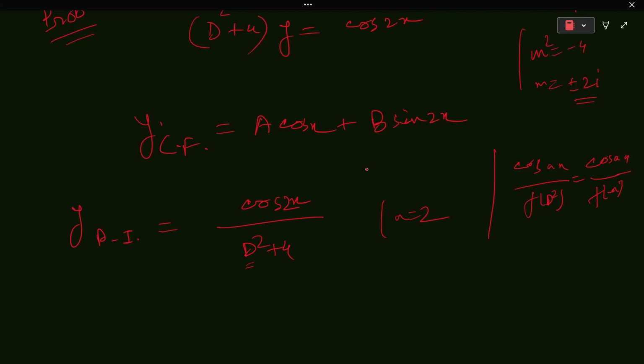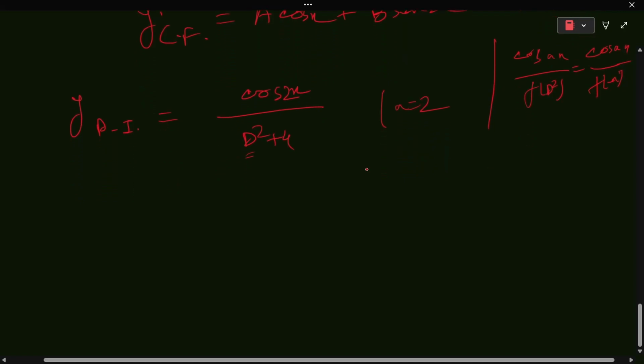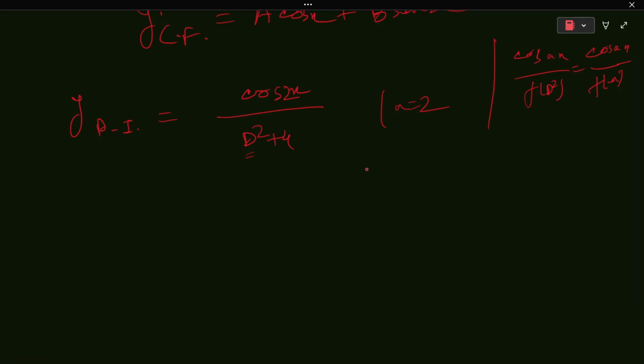So let's put a equal to 2 in the D square part. F of D square becomes f of minus a square. So cos 2x by, in terms of D square, we will have minus a square, that means minus 2 square plus 4.